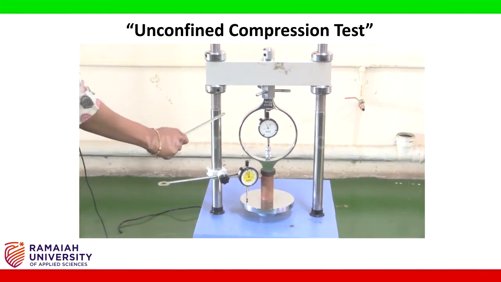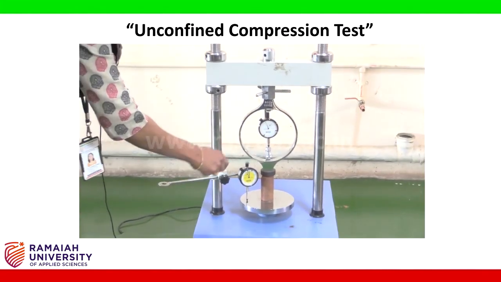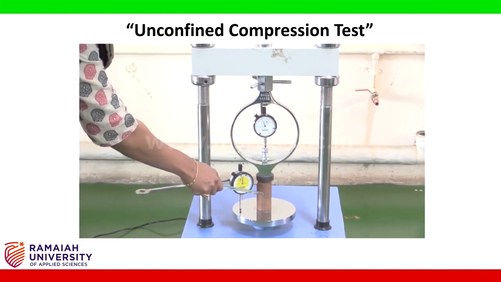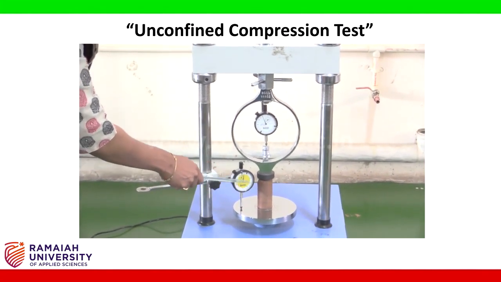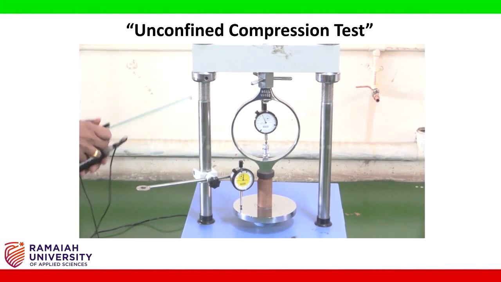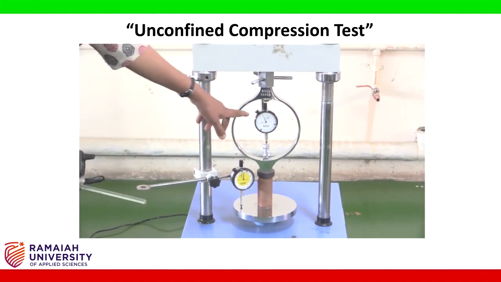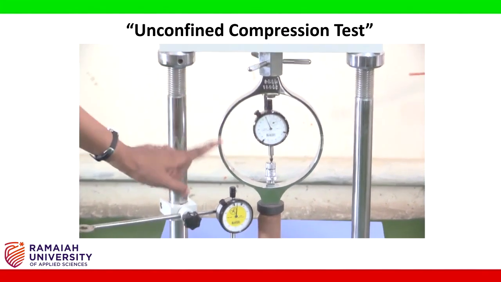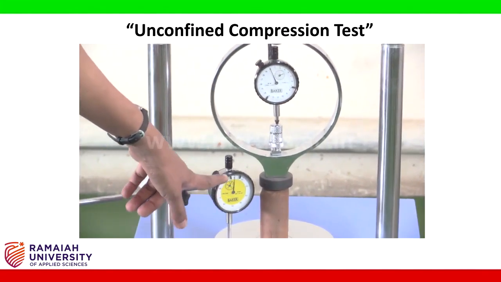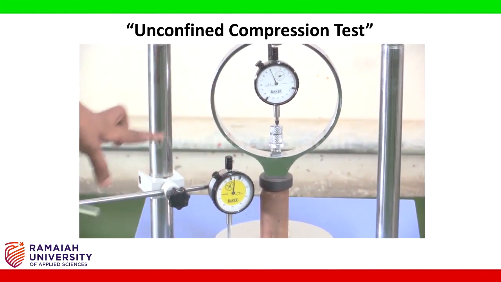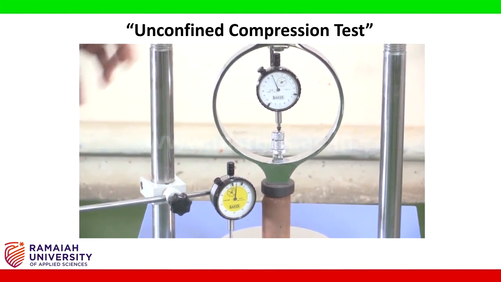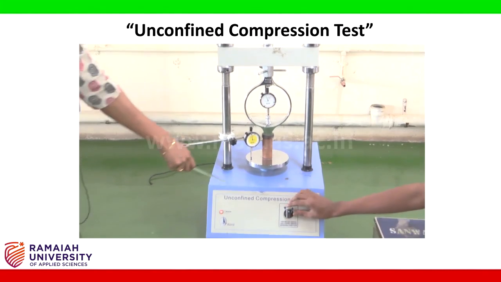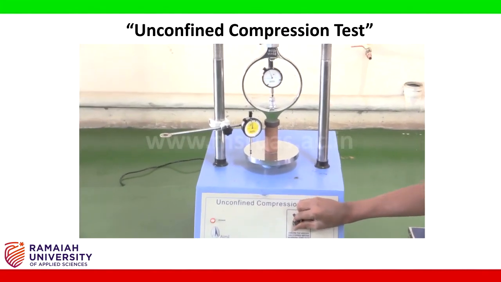Once we start the machine, the load will be applied on the soil sample and the deformation will start. So simultaneously we have to measure the divisions along the proving ring as well as the dial gauge. Also we can measure the time using a stopwatch if required. Now switch on the equipment and apply the load.